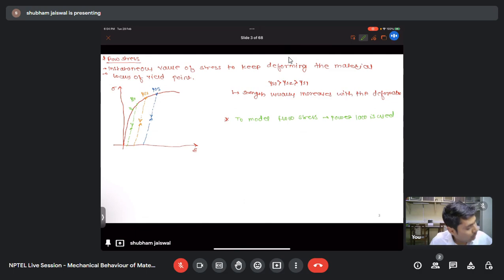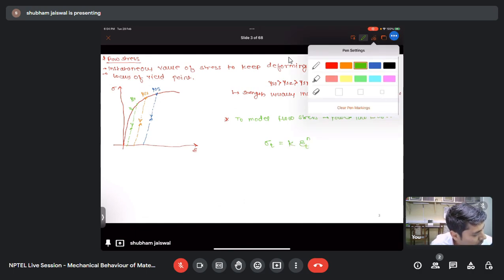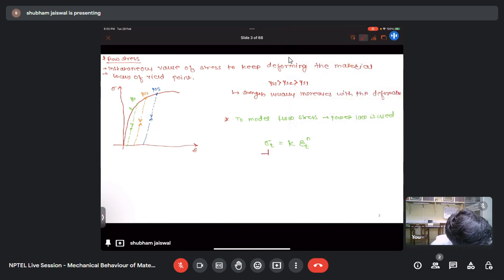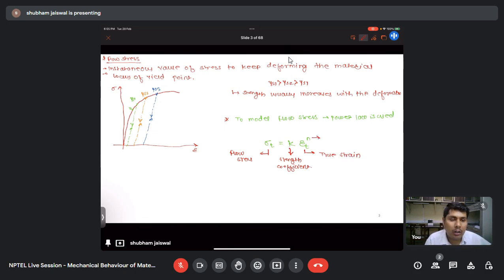The power law is given by the equation sigma T is equal to K epsilon T to the power N, where sigma T is the flow stress, K is our strength coefficient, epsilon T is our true strain, and N is our strain hardening exponent. Okay.